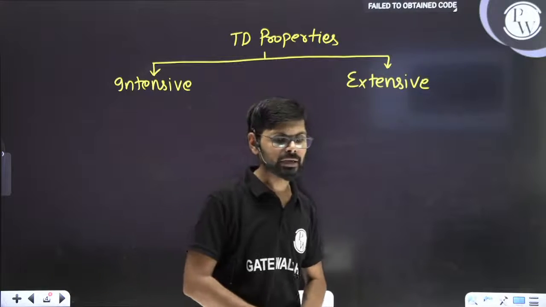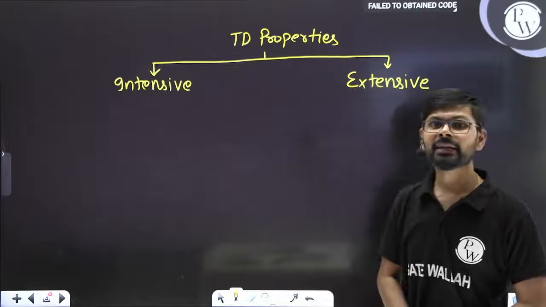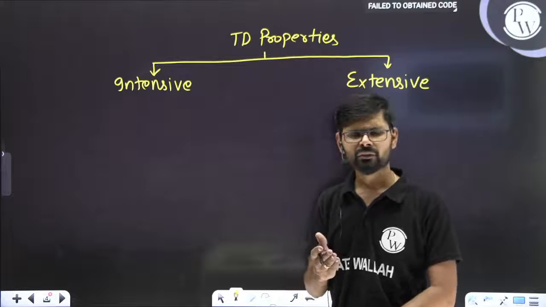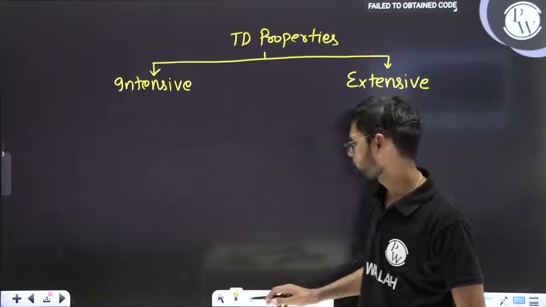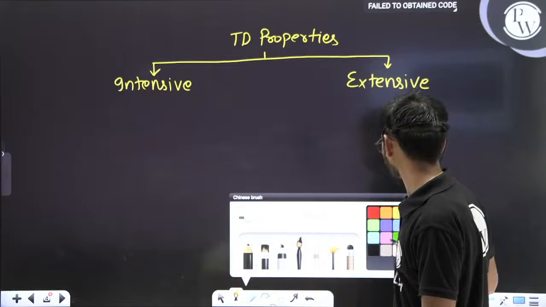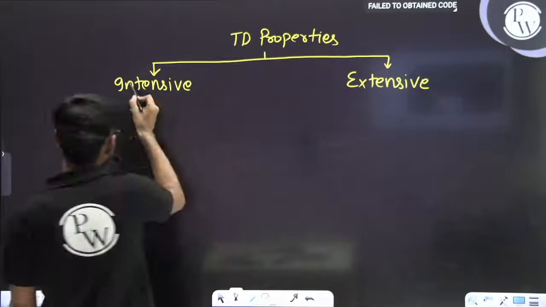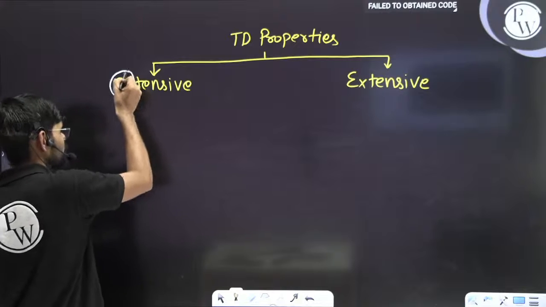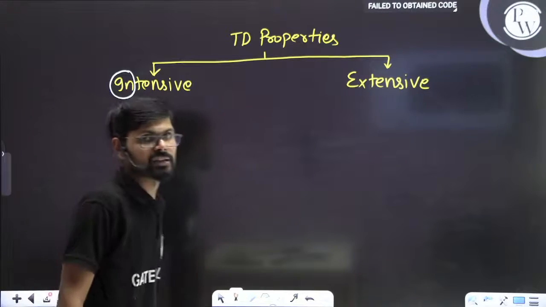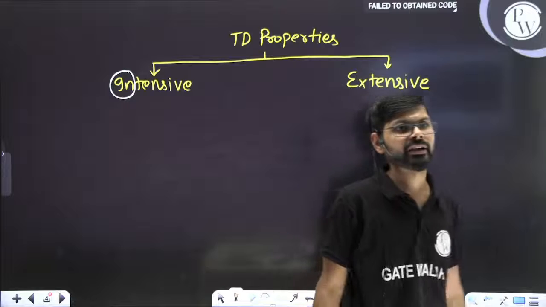Now what is intensive property? Intensive property means independent of mass or size of the system. You just remember this word, because many students have confusion about which one is independent and which one is dependent.